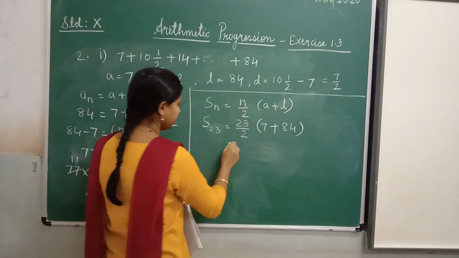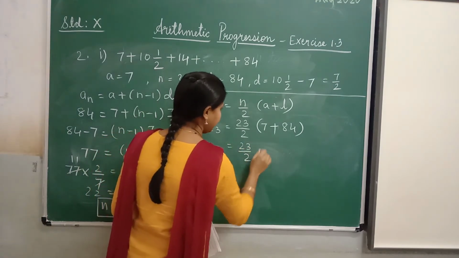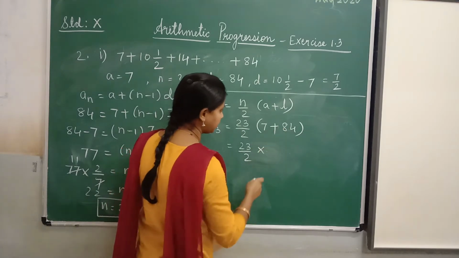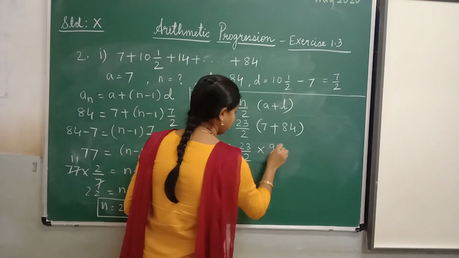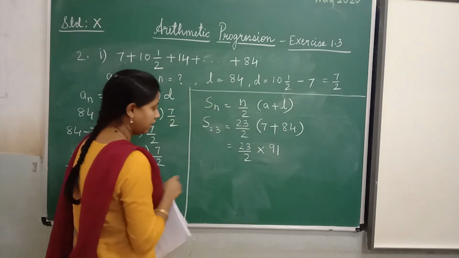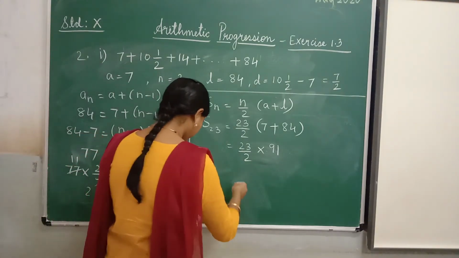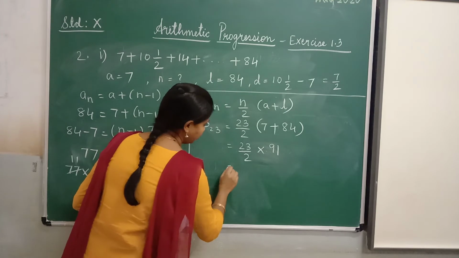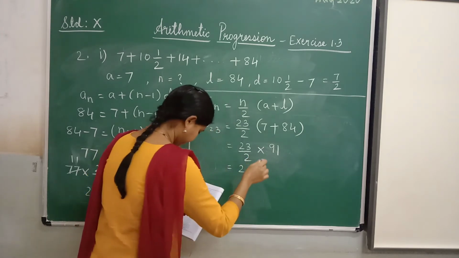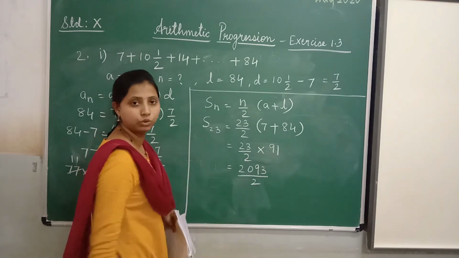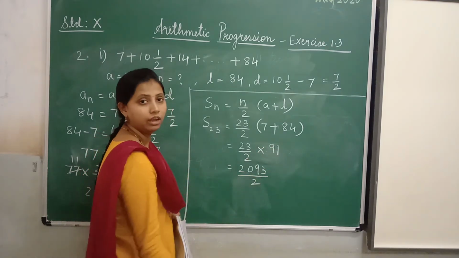Equals 23 by 2 into 7 plus 84. 7 plus 84 is nothing but 91. Yes, and 23 into 91 will give you 2093 divided by 2.